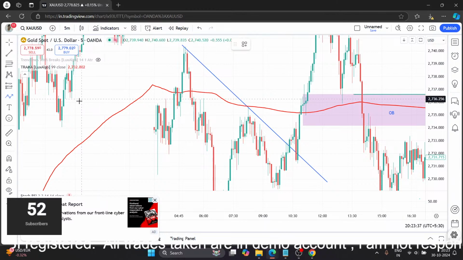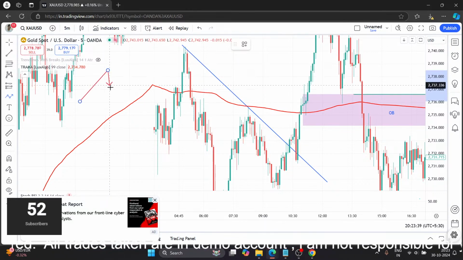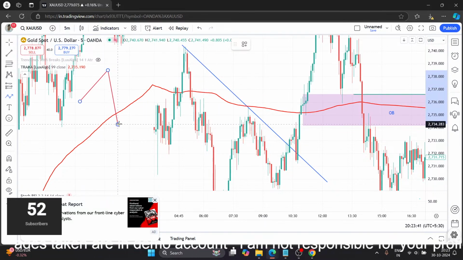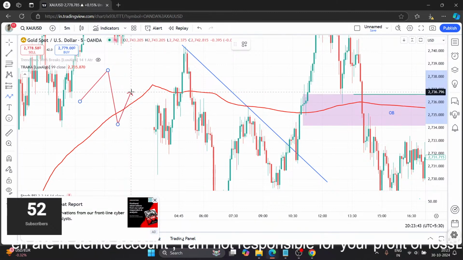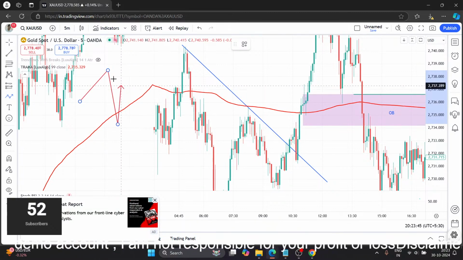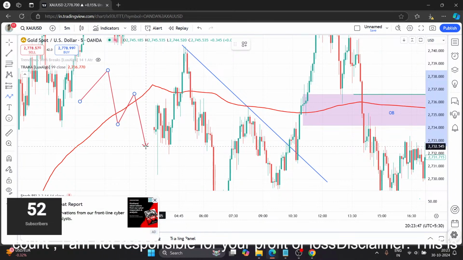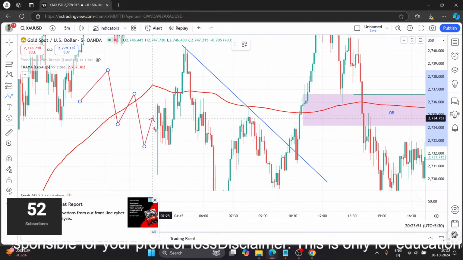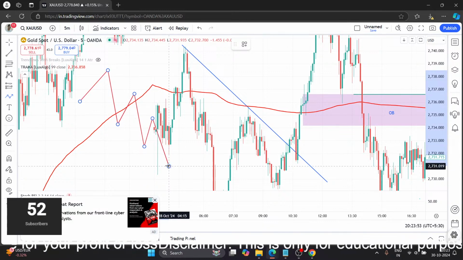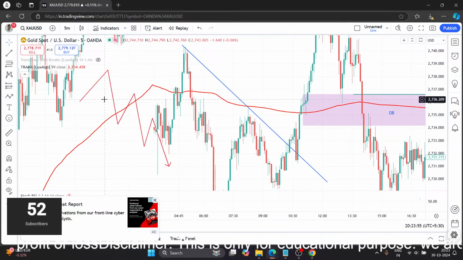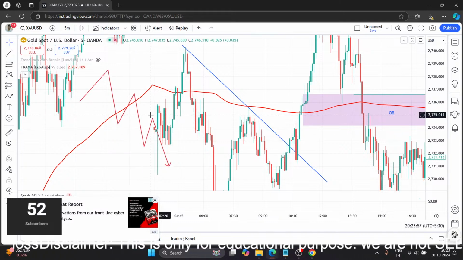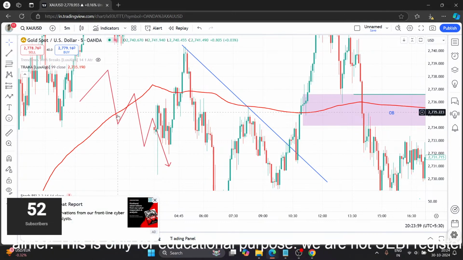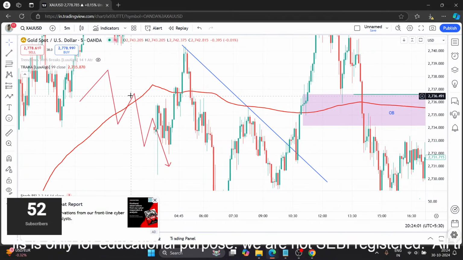I showed you that the market is going up, again coming down. Again it's trying to go up, but at some place lower than the previous high it is coming down. Again it is trying to go up, somewhere in the middle of this path, and it goes down. This is actually a downtrend. The market always runs in a zigzag: it goes up, down, again a lower high.